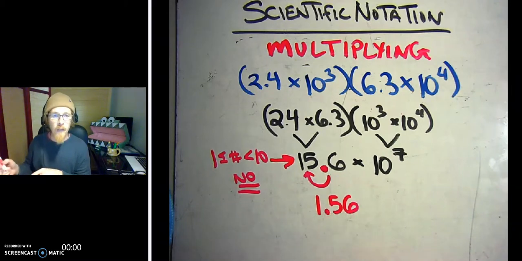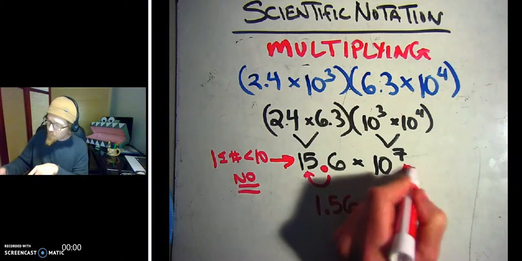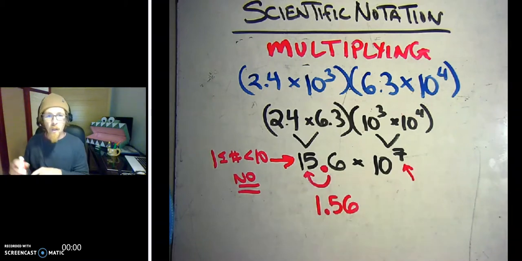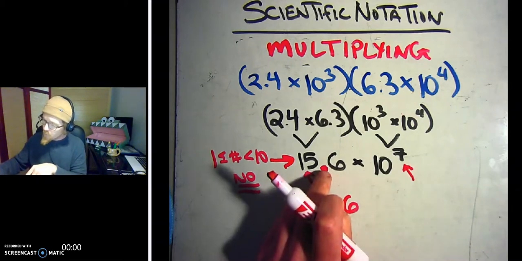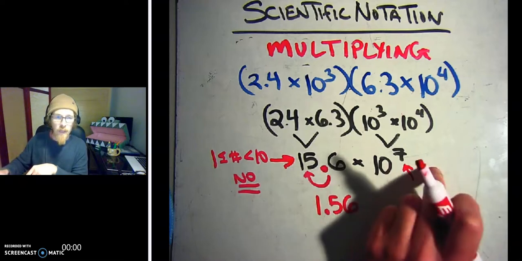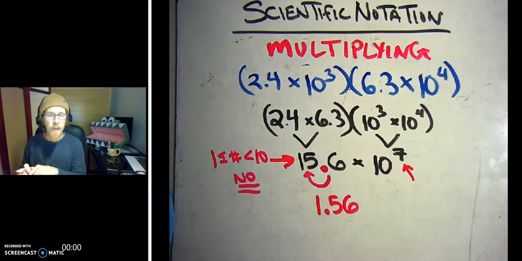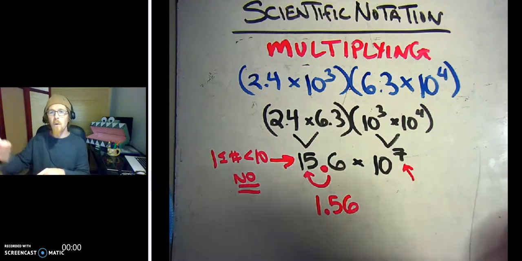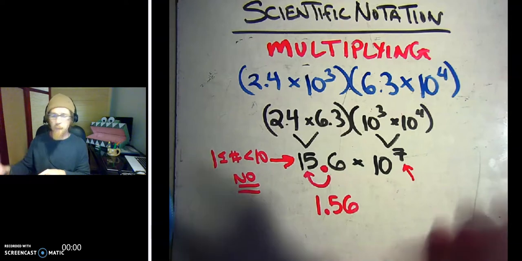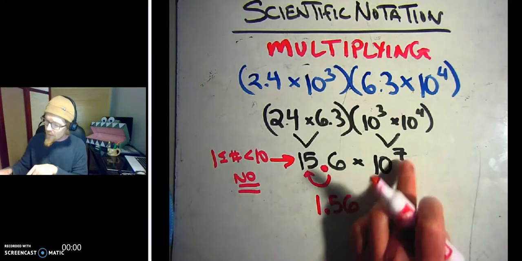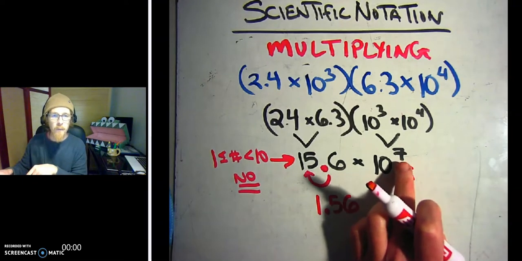But in doing that, I have to adjust the power of 10. Right now, this decimal is going to move 7 places to the right to get my actual value. But because I moved the decimal one more place to the left for this answer, I need to account for that with my power of 10.